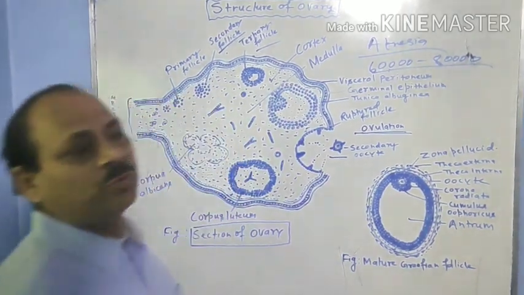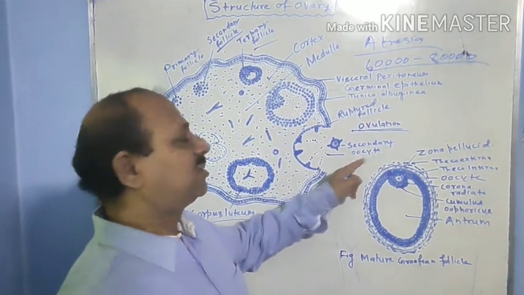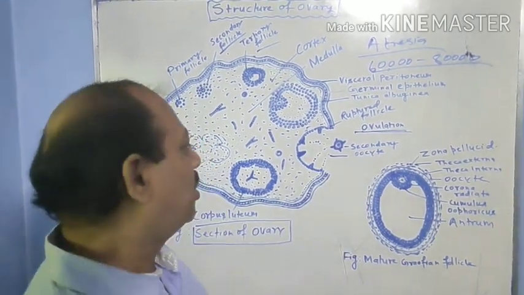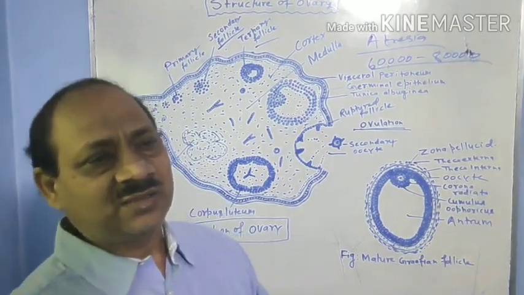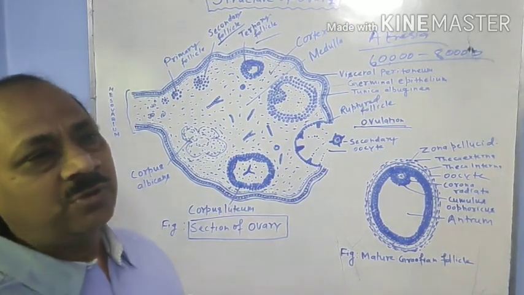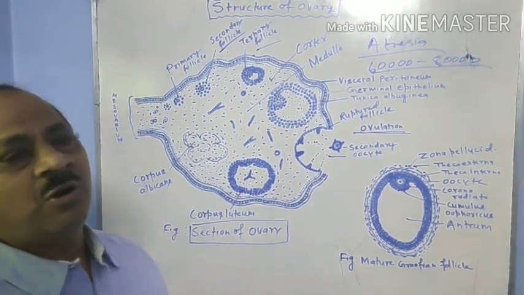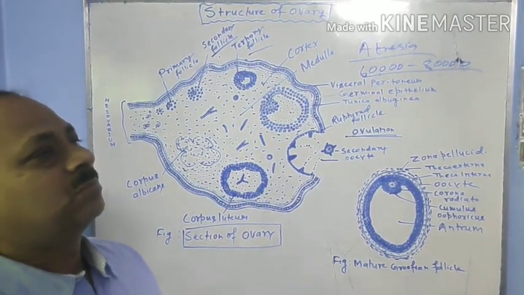How can you define ovulation? The release of ovum in the form of secondary oocyte is known as ovulation, and it occurs after 14 days of start of menstruation cycle or menstrual flow.